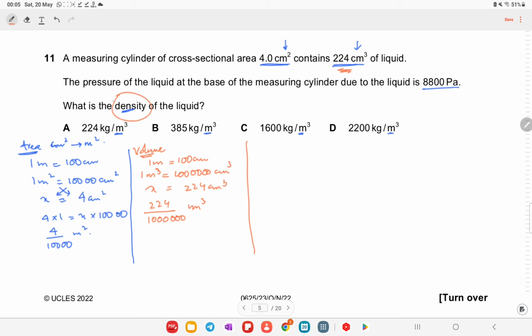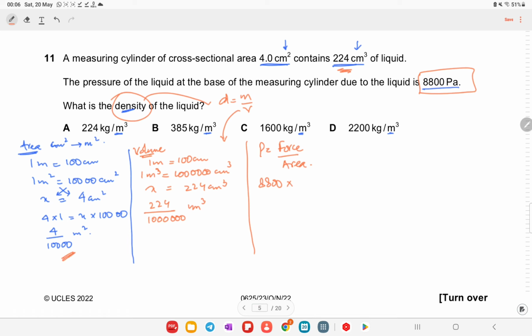Now again you see that density equals mass over volume. We got the volume from this question, but how are we going to find the mass? By using the pressure formula: pressure equals force over area. Pressure is 8800.